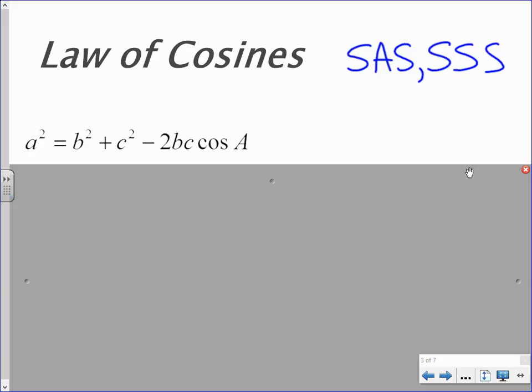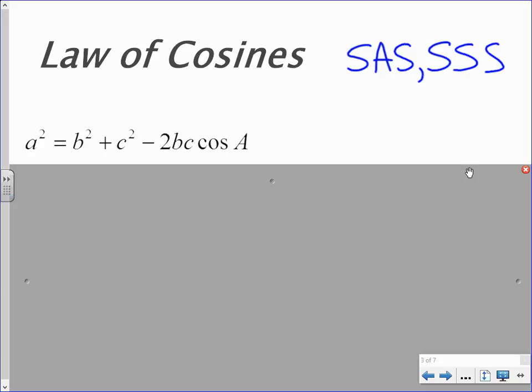The loner side over here matches the angle right here. And the two sides that are being squared and added together on this side are the same as the sides that are being multiplied to the minus 2 cosine of whatever.